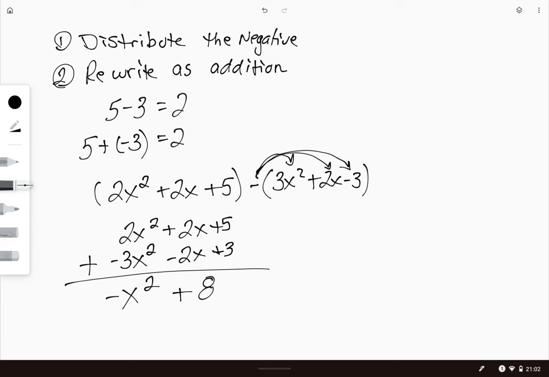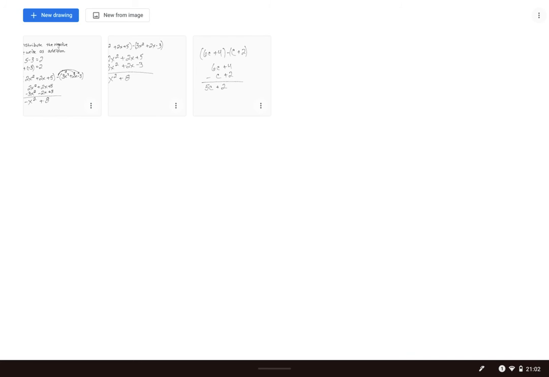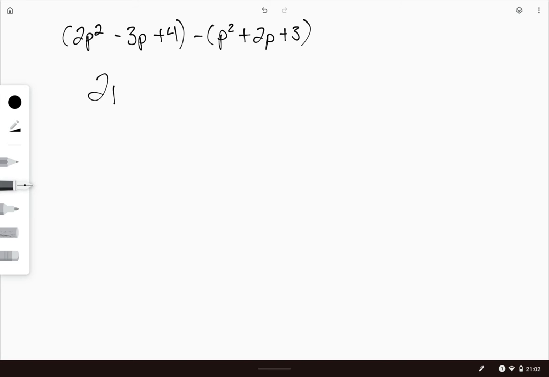Okay, so let's do one more example together where I will illustrate both ways, and then you can go on to your assignment. So let's start with, if I have 2p squared minus 3p plus 4 minus p squared plus 2p plus 3. All right, so again, I'm going to simply stack this.